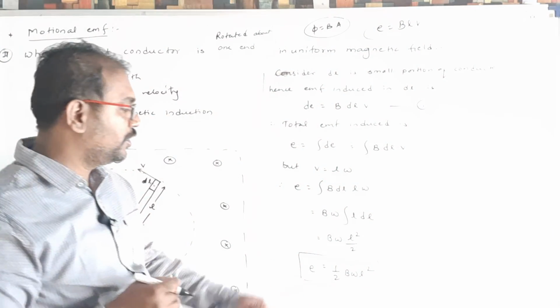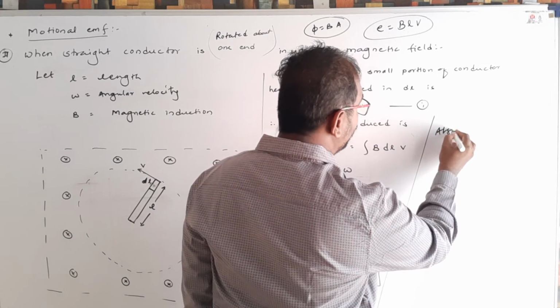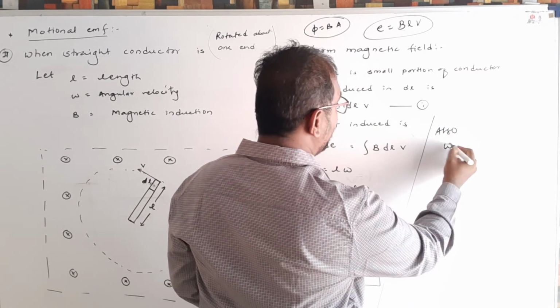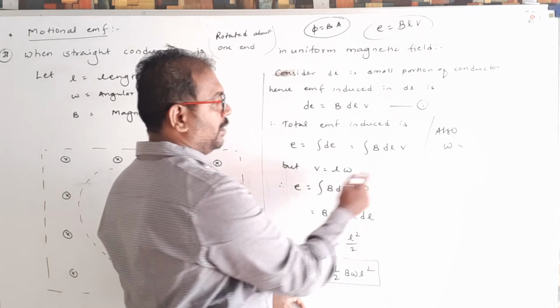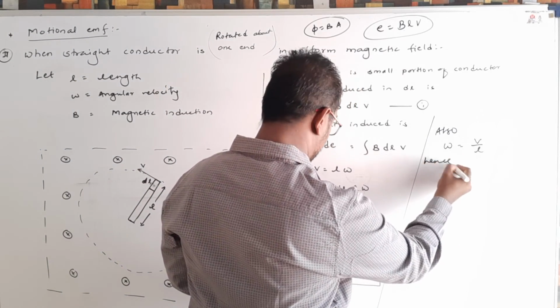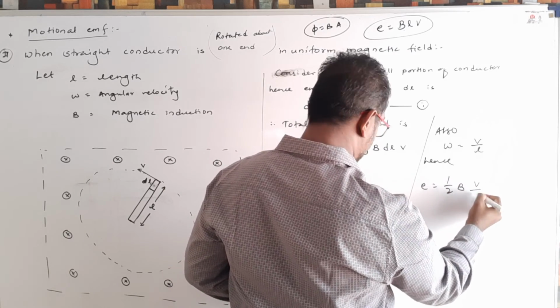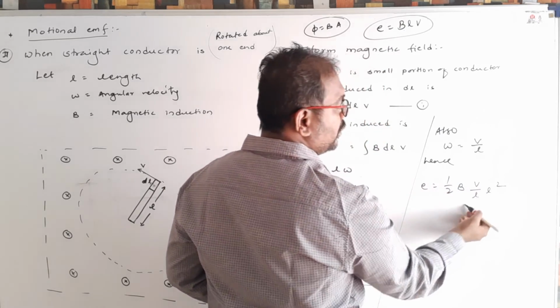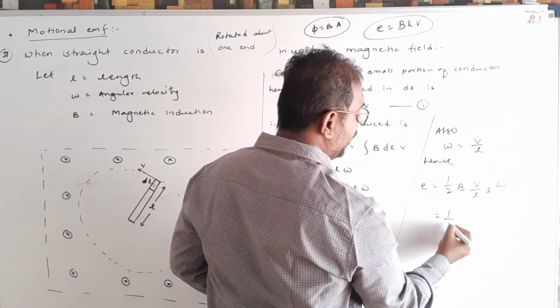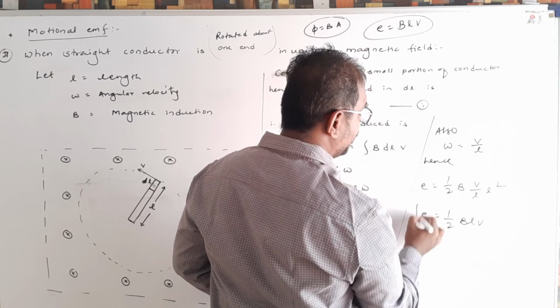I hope everyone understood this. Also the same formula we can write, as you know omega is v by L. Hence you can write E is equal to 1 by 2 B v by L into L square. One L and L cancel. So 1 by 2 B v L, or BLV, I can write.